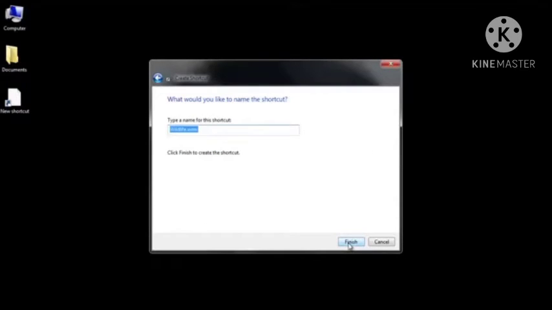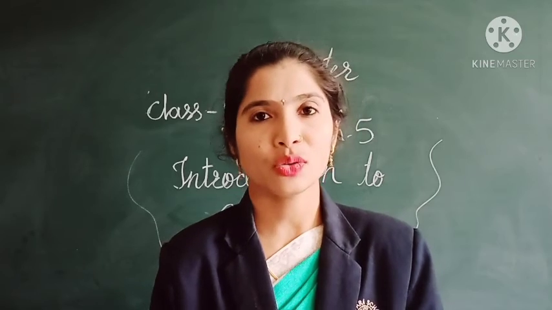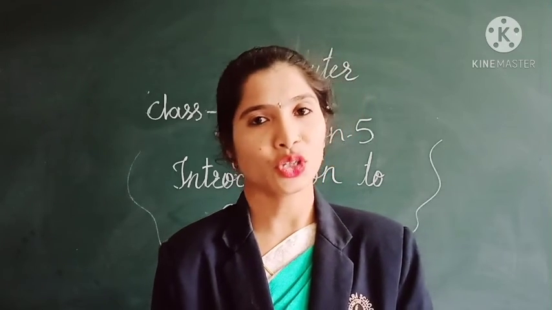So you finish that work and your shortcut will appear. In another way, you can go into All Programs and there you can select Adobe Photoshop, Send to, and then Create shortcut.